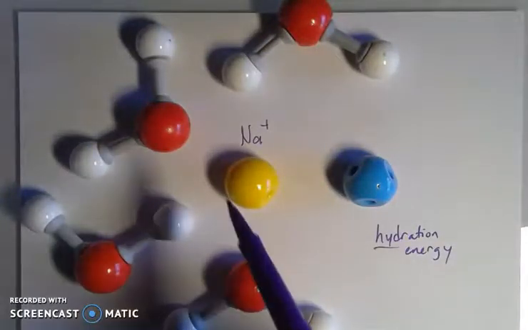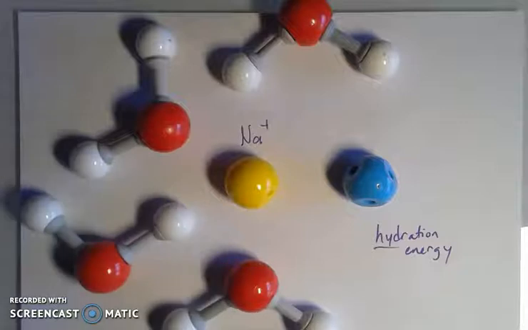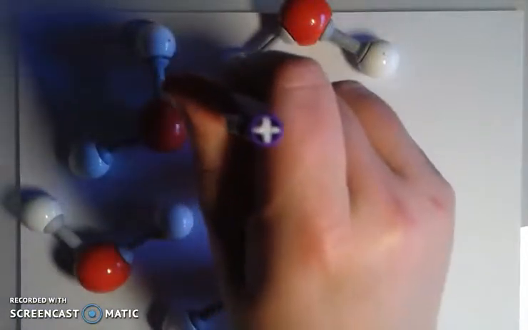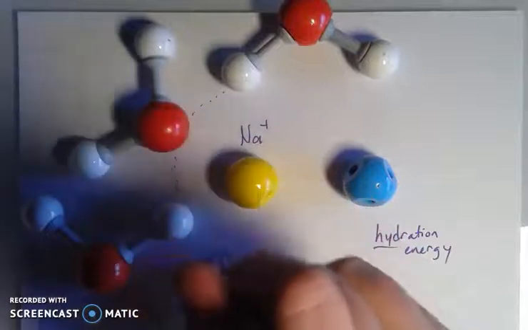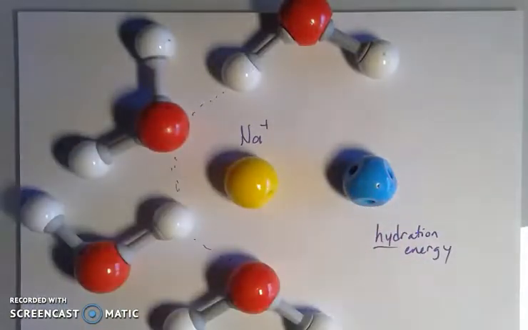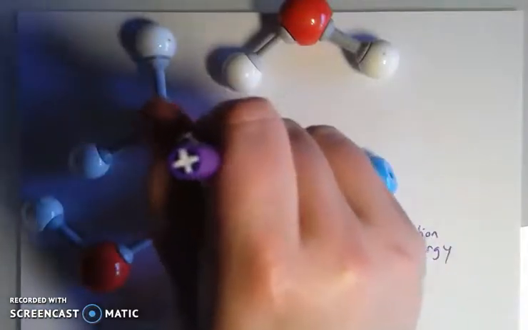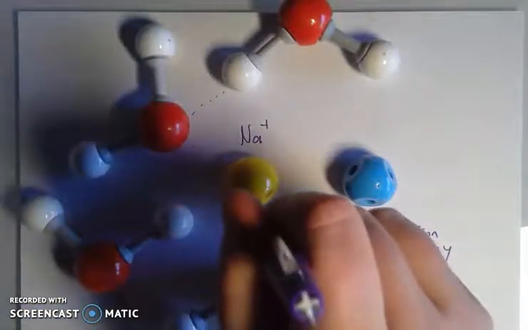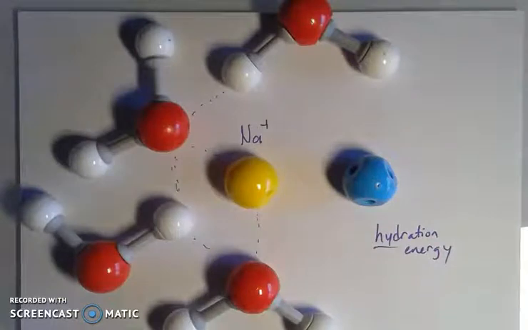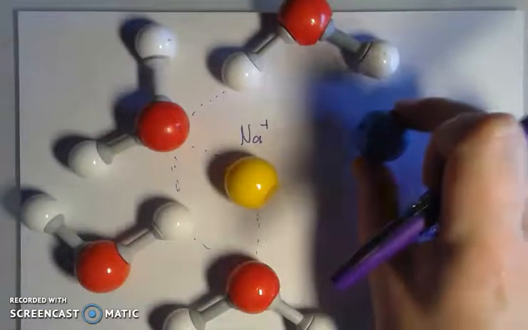And so this is going to disrupt my hydrogen bonding. These guys wanted to all sort of be attracted to each other. They were attracted to each other until that sodium came in the mix and started messing with things. And now these waters look at this sodium and say, well, hey, that's kind of an interesting option as well. So it's disrupting these hydrogen bonds. And the same thing is happening with my chloride.